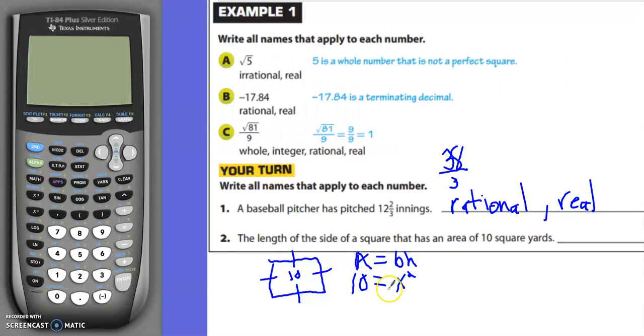You take the square root of both sides, and you get x equals the square root of 10. Now, the square root of 10 cannot be expressed as a fraction, so it is irrational, and it is real.